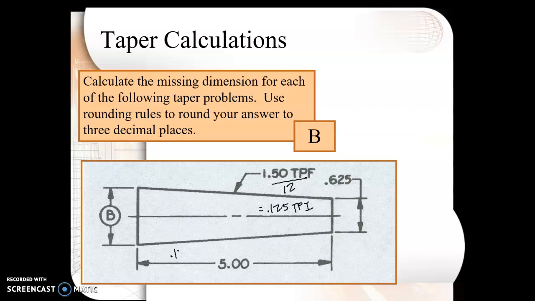Take our 0.125 taper per inch multiplied by 5 inches, and that's 0.625. And we're going to add that to our starting dimension. So 0.625 plus 0.625 gives us a total of 1.25. So that would be the dimension at the large end.